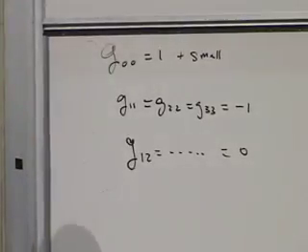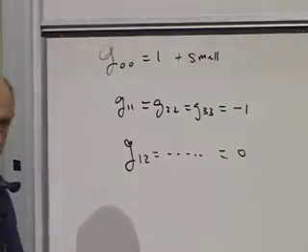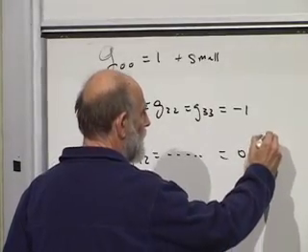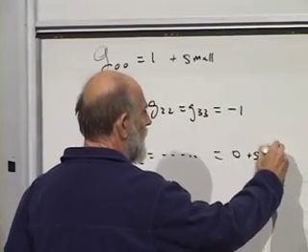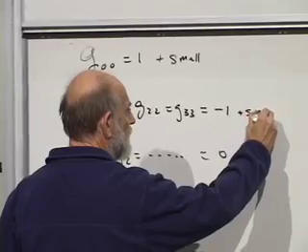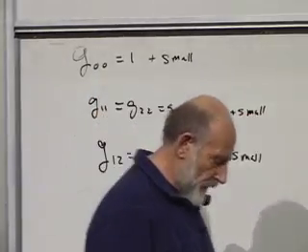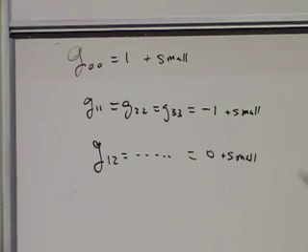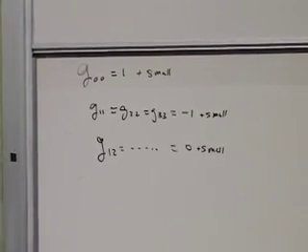Now, I don't literally mean that they're literally equal to 0. I mean they're equal to 0 plus small. We will keep track of small things, but the first approximation is just special relativity.